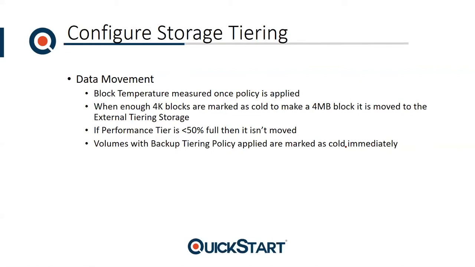Notice that what it starts doing is grouping those data blocks until it gets full 4 meg blocks to move out there, just optimizing so I'm not moving little 4K at a time. And another thing that it does, even if I have a lot of old data, is it's not going to move it unless my source aggregate, i.e. that performance tier, has less than 50% availability.